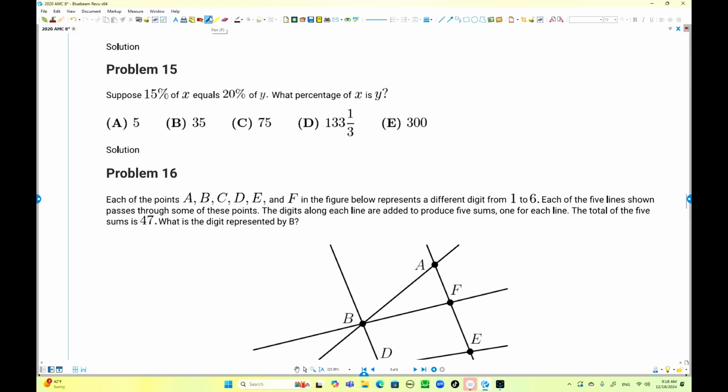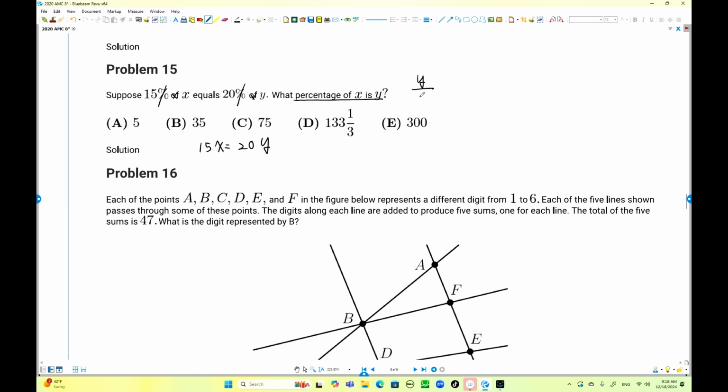Number 15. 15% of x equals 20% of y. It's all about multiplication, okay? So the percent is a unit that cancels out. 15x equals 20y. So what percent of x is y?